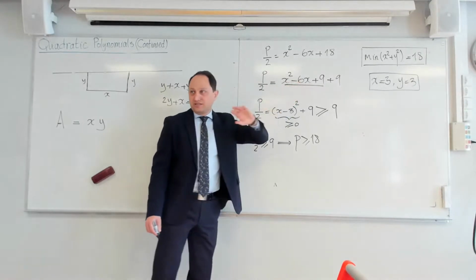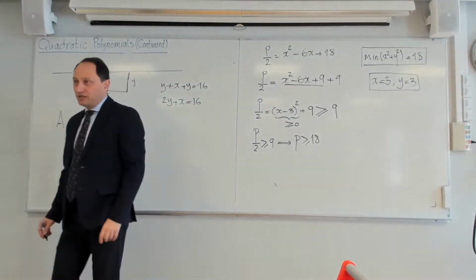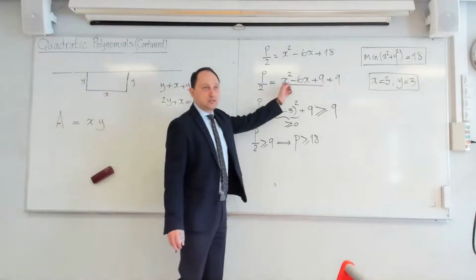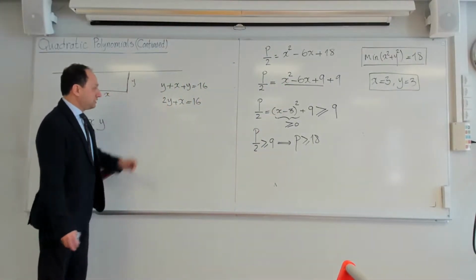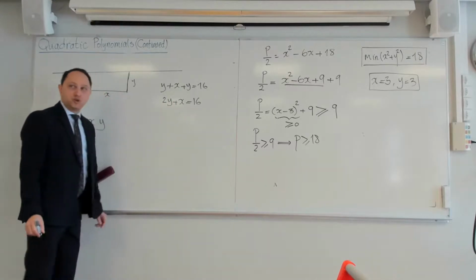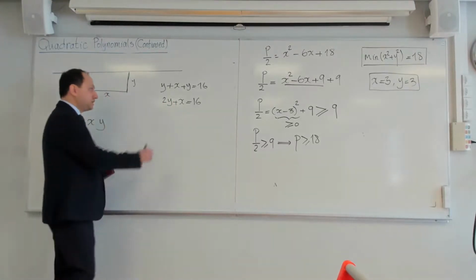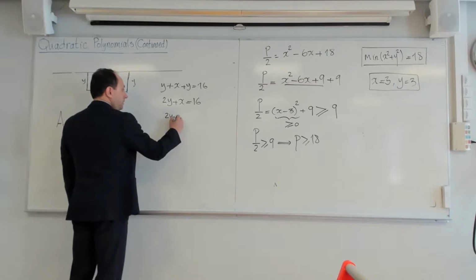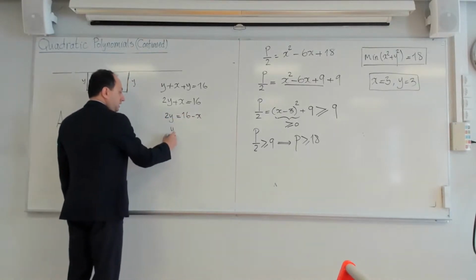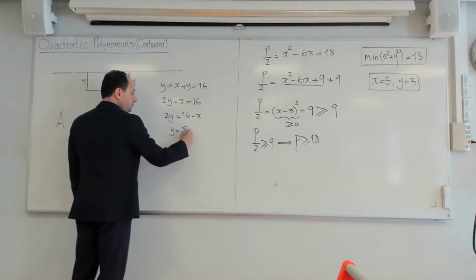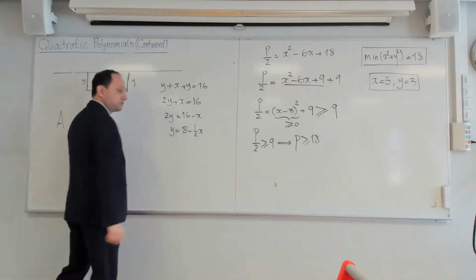But x is just a traditional name. It can be any letter. If you want to eliminate y, the downside is that you have to divide by 2 and work with fractions. So you write 2y equals 16 minus x, and then I divide, 8 minus 1 over 2x.